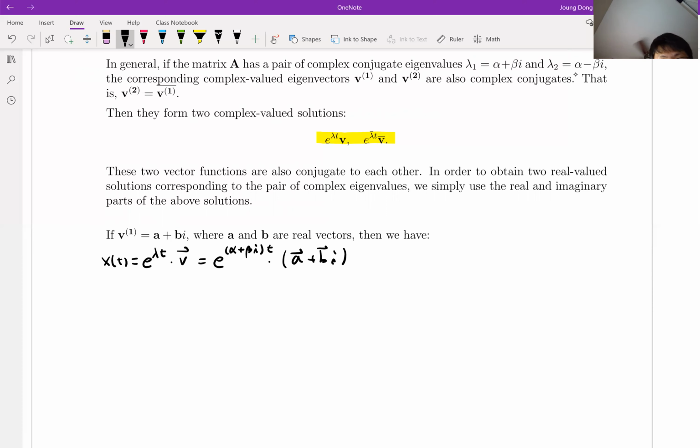If I apply Euler's formula, this can be written as e to the alpha t, times cosine beta t plus i sine beta t. And then we can multiply by a plus bi. When I do the distribution, let me show you what happens.